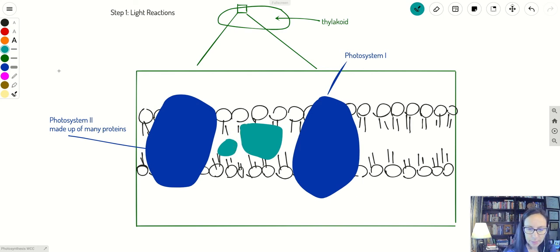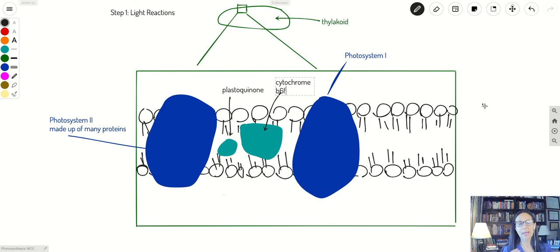This one is called plastoquinone. And then this one is called cytochrome B6F. I know these names are just kind of crazy.